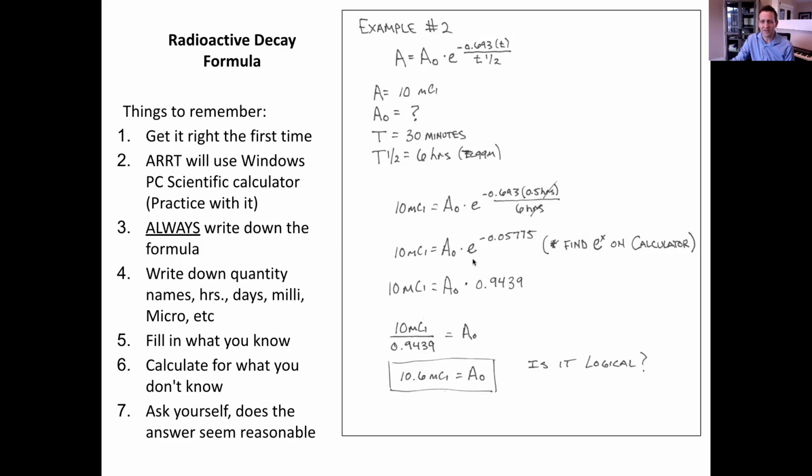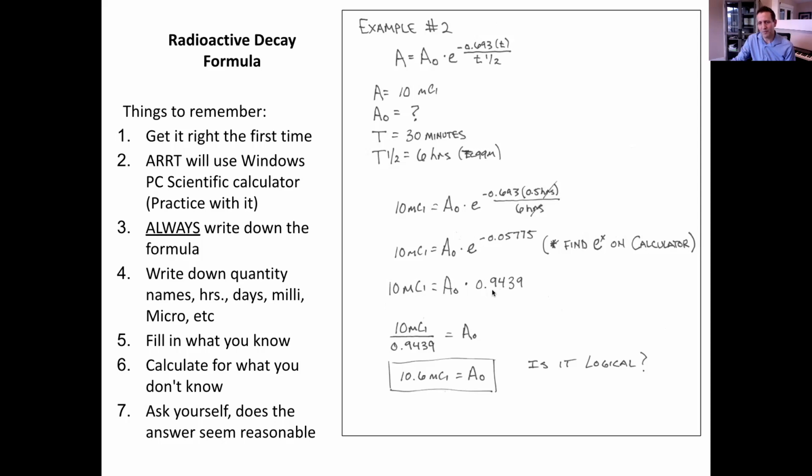When I do, it gets rid of the logarithm, and it gives me 0.9439. So now my equation reads 10 millicuries is equal to the original activity times 0.9439. I want to get my original activity by itself. In this case, this number is being multiplied, so I'm going to divide by that number.